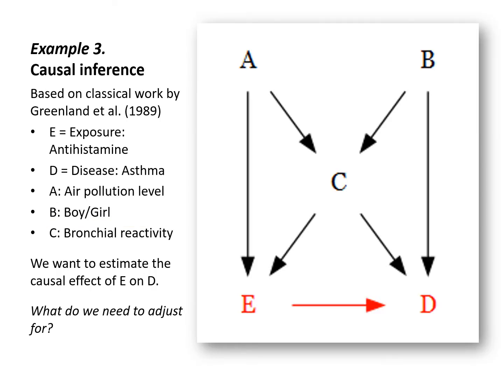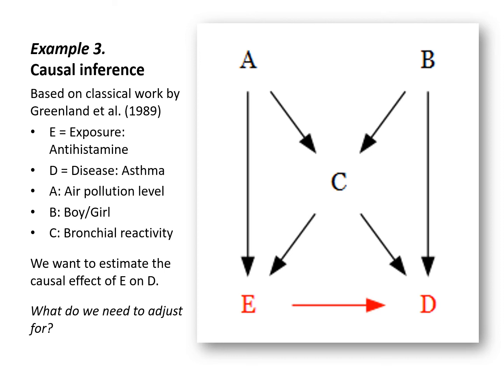Now let's do something that is more useful. Suppose we can represent causal effects by the arrows of a so-called directed acyclic graph. And then we want to estimate the causal effect of an exposure E on an outcome D. A typical question in the applied area would be, which variable do we actually need to adjust for?